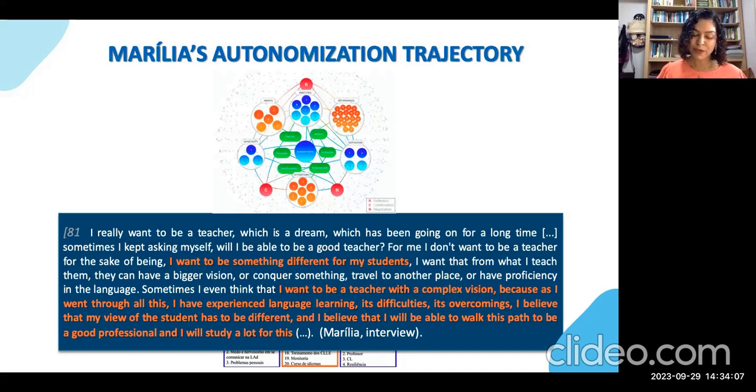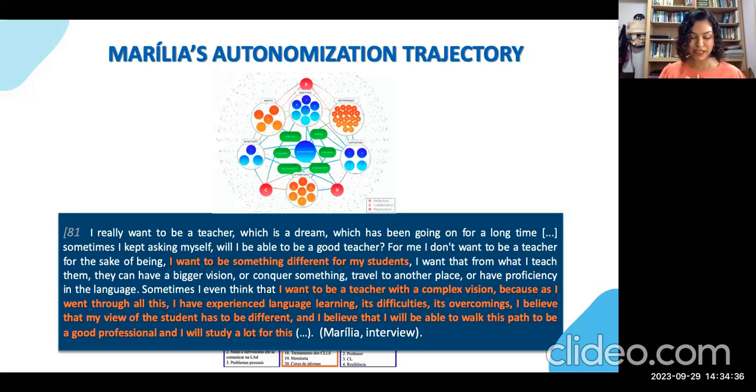I really want to be a teacher, which is a dream, which has been going on for a long time. Sometimes I keep asking myself, will I be able to be a good teacher? For me, I don't want to be a teacher for the sake of being. I want to be something different for my students. I want that from what I teach them, they can have a bigger vision or conquer something, travel to another place, or have proficiency in the language.